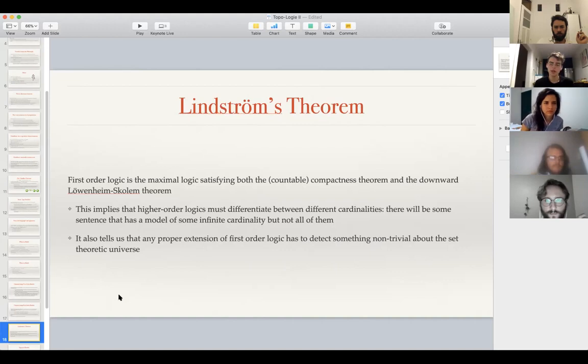But the thing about this, because we always have this Lowenheim-Skolem property, where there can always be more infinities, is that any proper extension of a first order logic is always going to detect something non-trivial. It's always going to decide something about these infinities that was not always decided before. But if we have a second order model, that can sometimes already be decided beforehand.